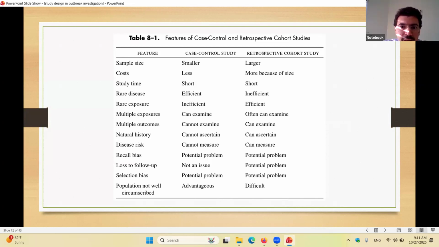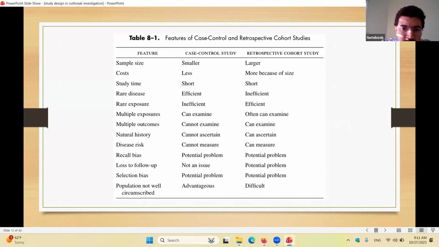So there is no problem finding enough exposures. So to summarize, for rare disease or rare outcome, case control study is better. And for rare exposure, cohort studies are better.